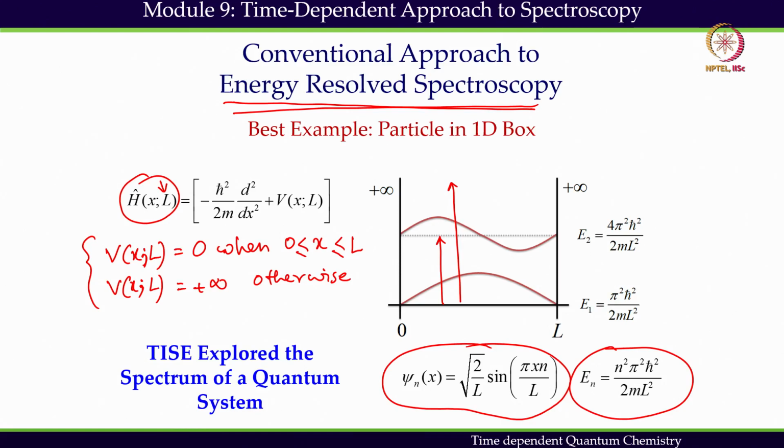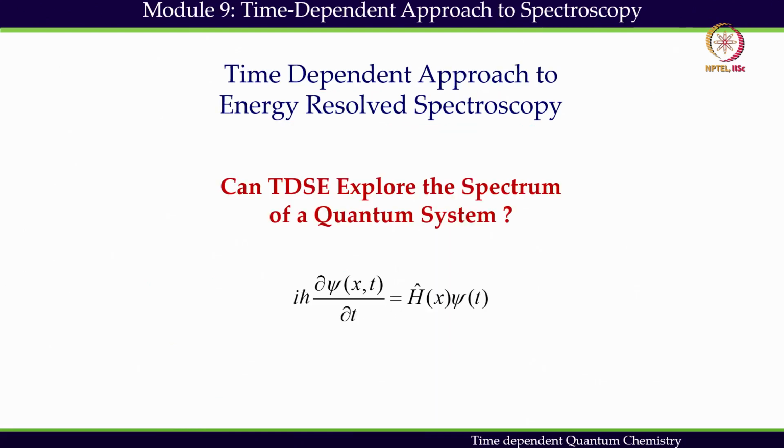We are continuing with the one dimensional problem. This is possible to explore directly from the solution to the time dependent Schrodinger equation. We are very much familiar with it.